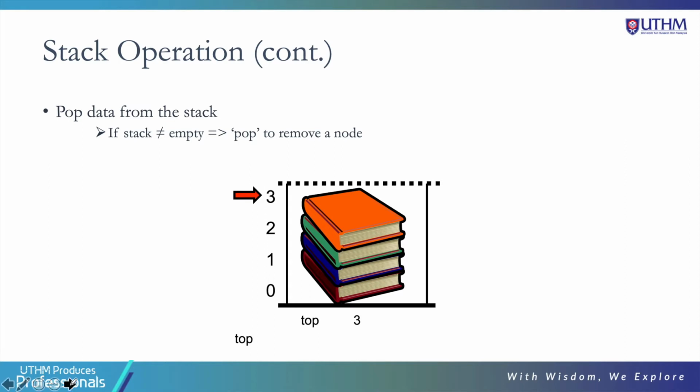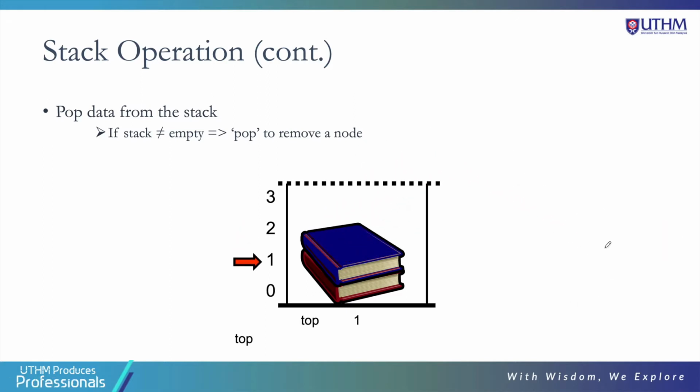When we remove it, the top will be pointing to the lower index, which is 2, indicating that it has 3 books left.